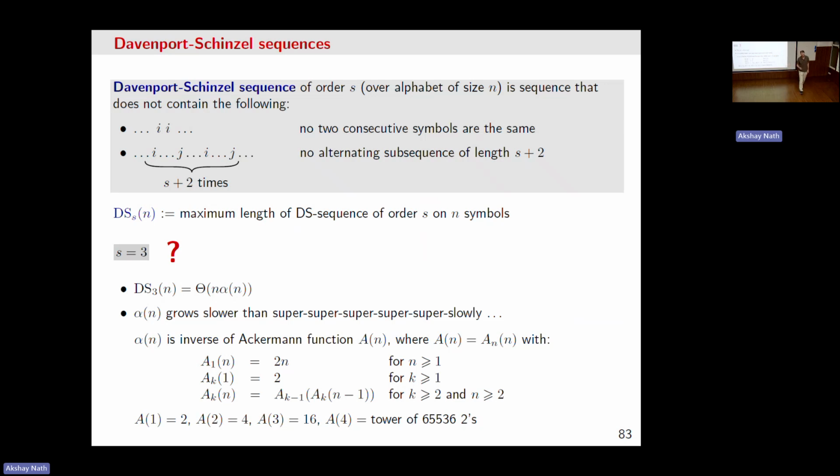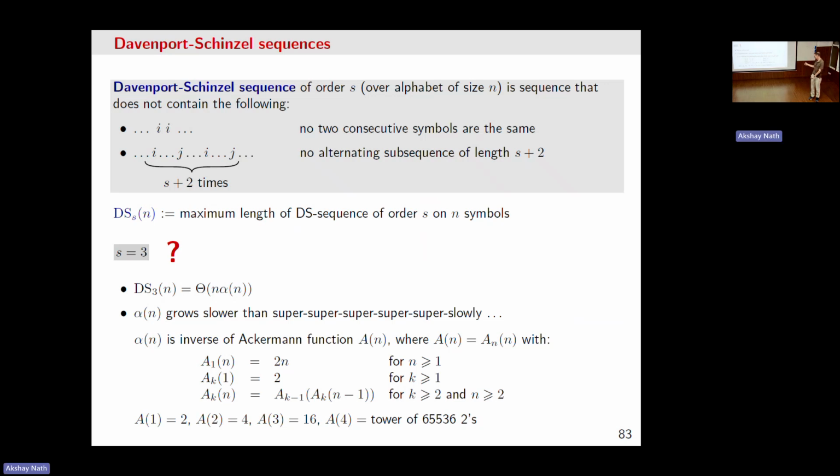I think the interesting thing is if you look at the values of this capital A, alpha n is the functional inverse. So this grows very quickly, this grows very slowly. Alpha of 1 is 2, of 2 is 4, so it starts kind of modestly, then goes to 16. And then I get a tower of 2s, 65,000 times.